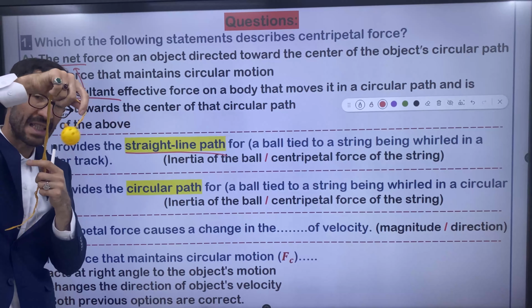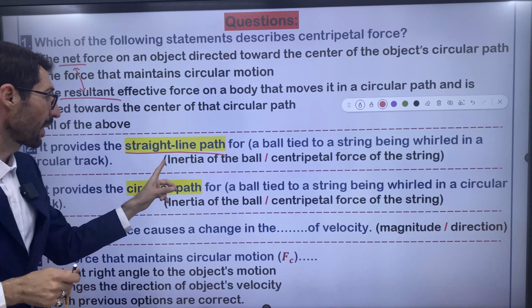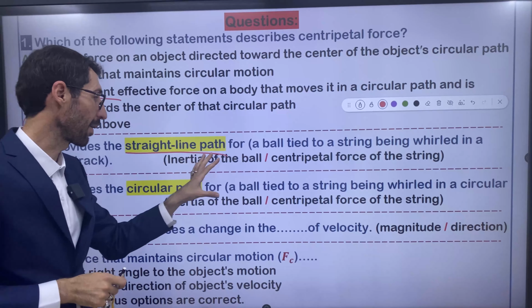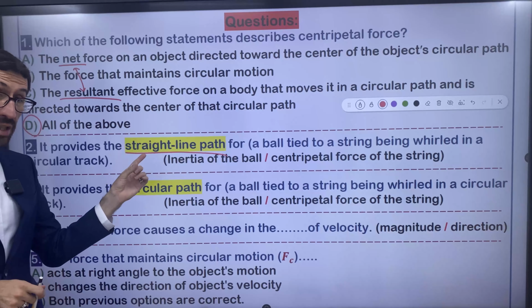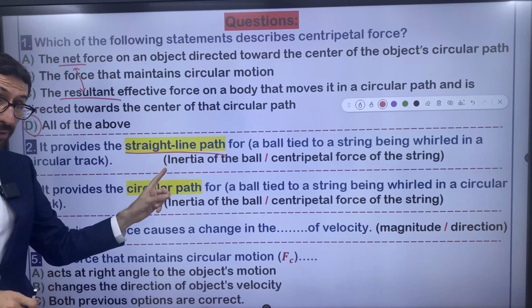What thing provides the straight line path? I give you two options, right? Either we have inertia of the ball. Does inertia of the ball provide the straight line path for the ball?